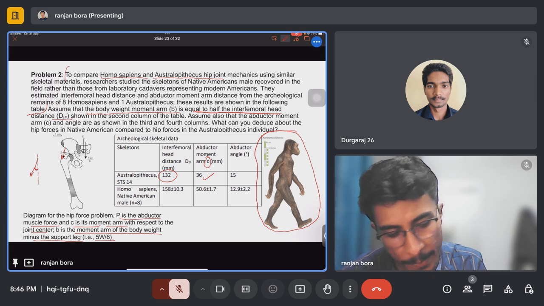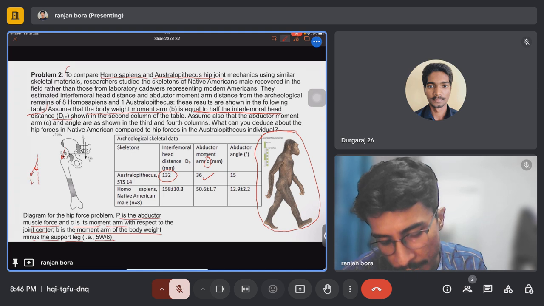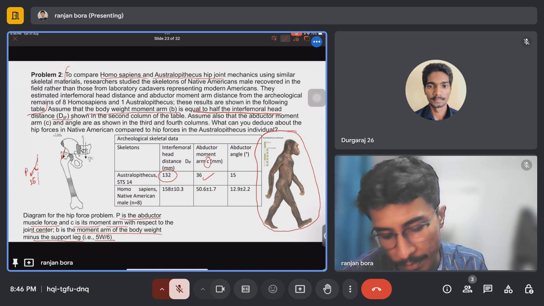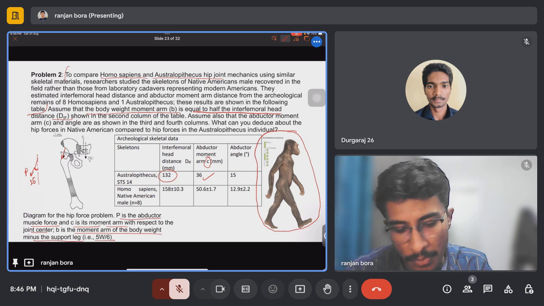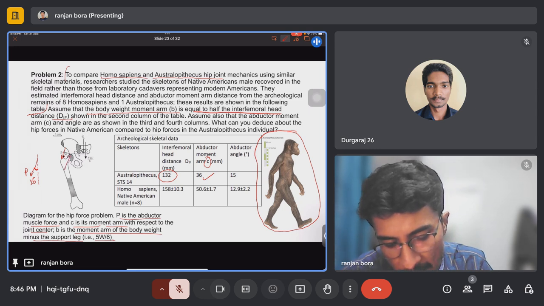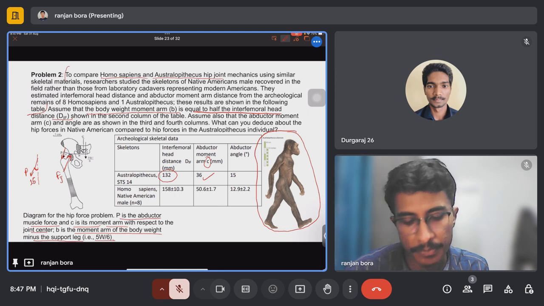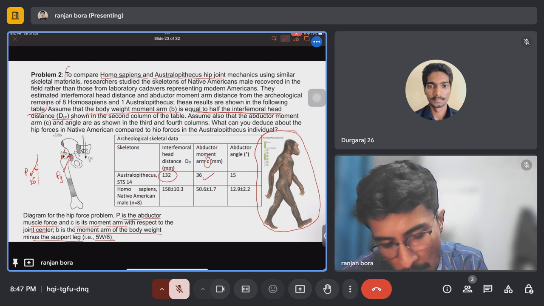This angle is given as 15 degrees. And the hip joint reaction force will act along this direction. What is B?